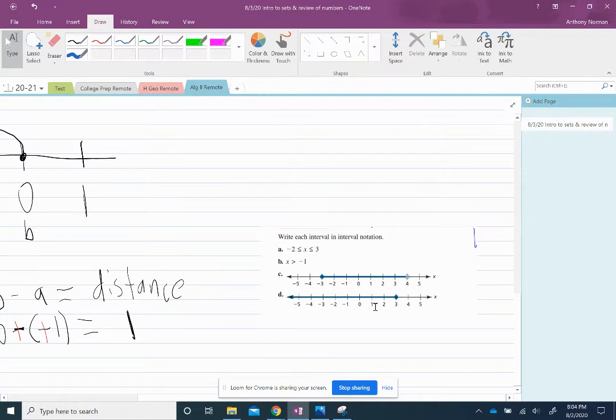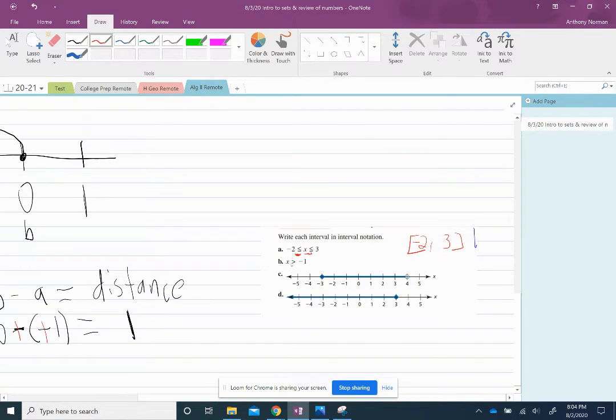We'll work the example. So here we have a bracket. We have a line, so we'll have a bracket. Here we have another line, we'll have a bracket. So -2 to 3 is our interval. Here we have no bracket.